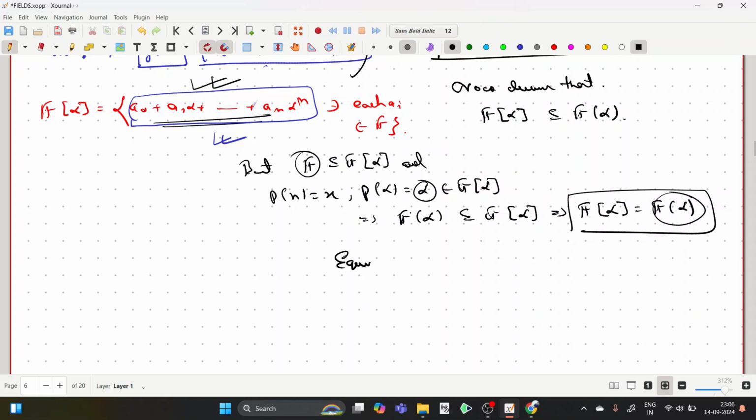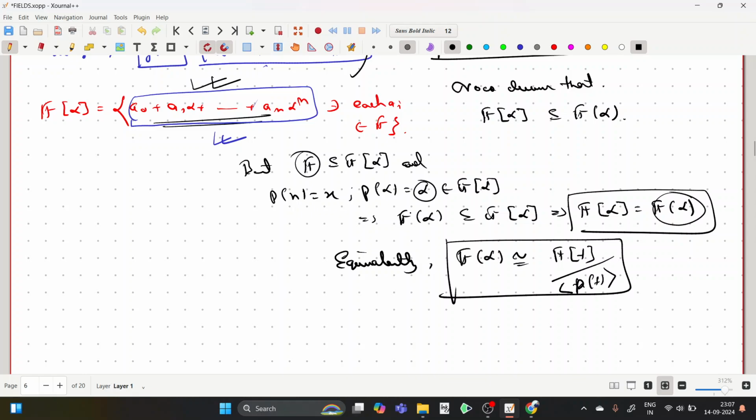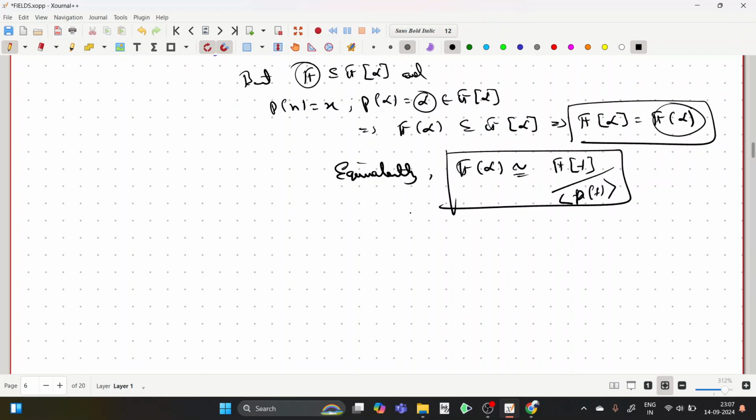And it can be equivalently identified as F(alpha) being isomorphic to F[t] modulo p(t), right, where p(t) is the irreducible polynomial of alpha over F. Clear?